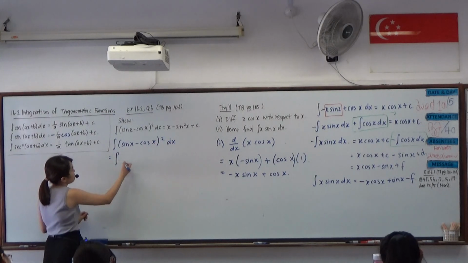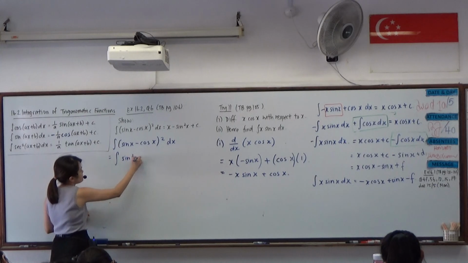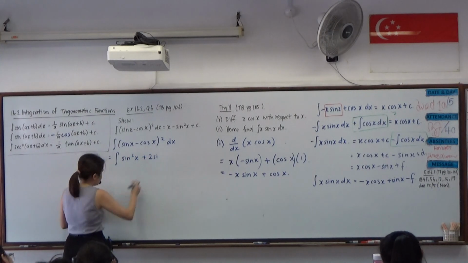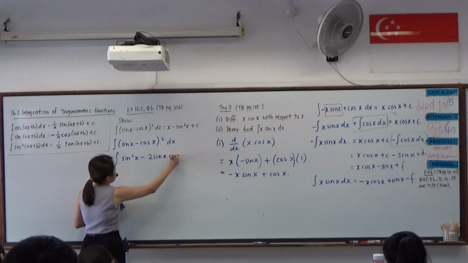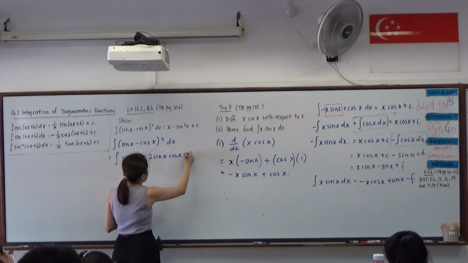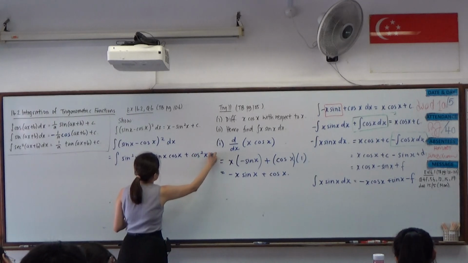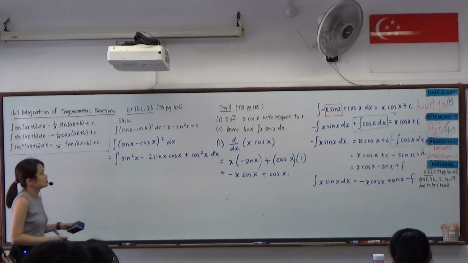we expand first, so we get sin²x − 2 sin x cos x + cos²x.